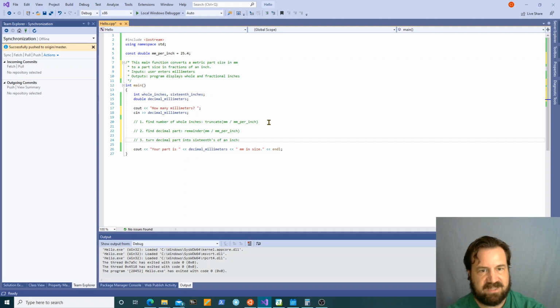So that means I take the answer from part 2 times 16, and I'm going to truncate that as well to make sure it's an integer.